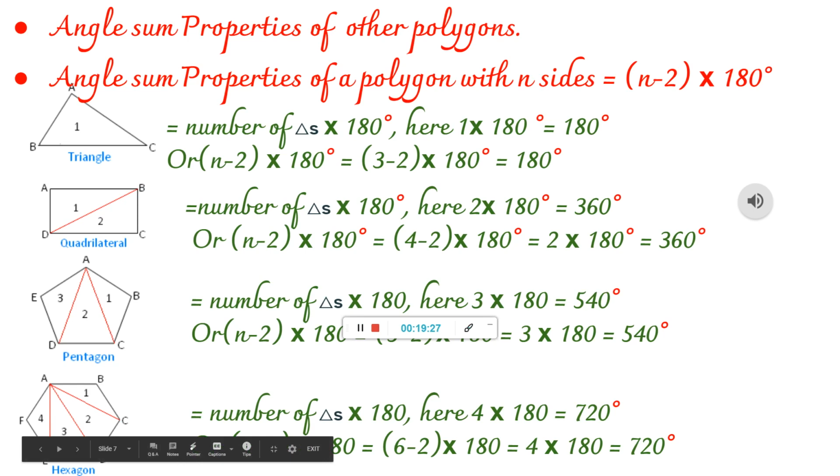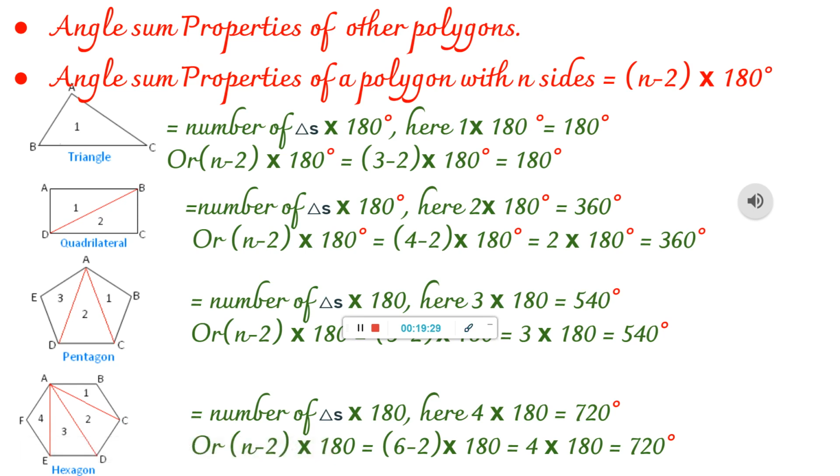Same way, a polygon with 6 sides has 4 triangles. Isn't it? And this would continue. A polygon with 7 sides could have 5 triangles, right? A polygon with 8 sides could have how many triangles? 6 triangles, and so on.